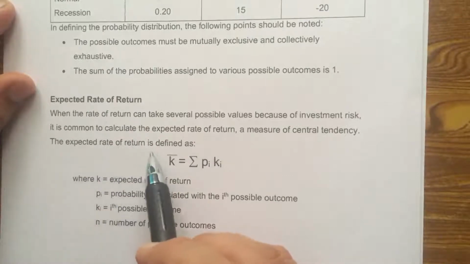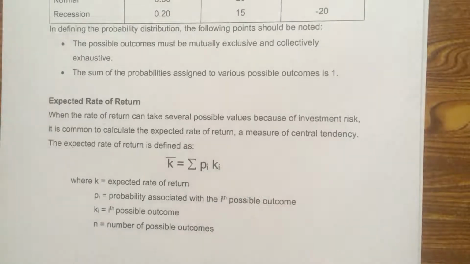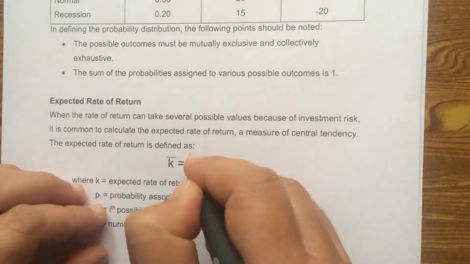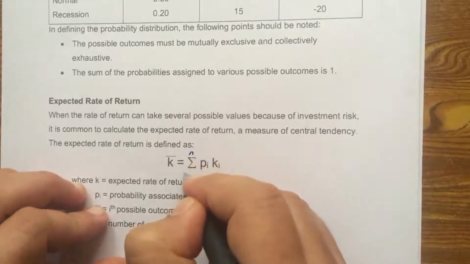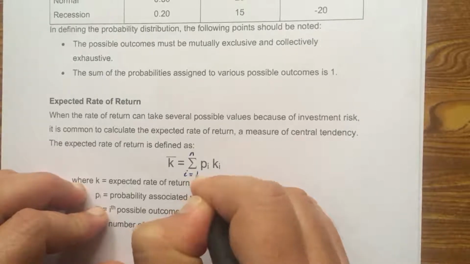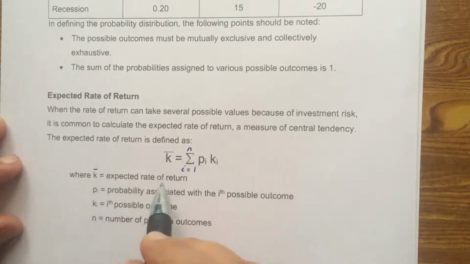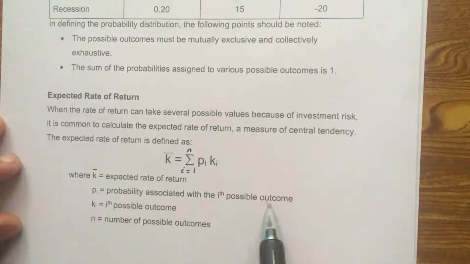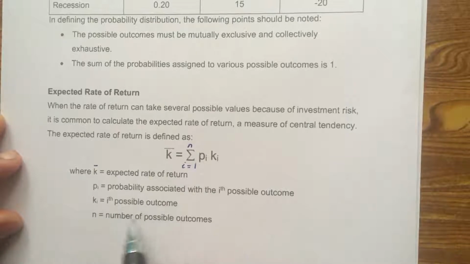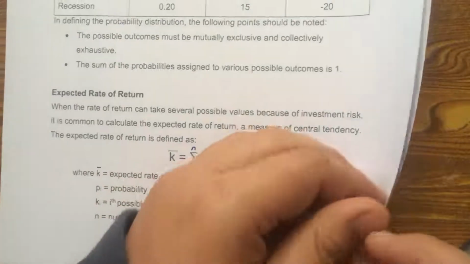So the expected rate of return is defined as K bar is equal to summation P_i K_i, where i goes from 1 to N. K bar is the expected rate of return, P subscript i is probability associated with the ith possible outcome, and K_i is the ith possible outcome, and N is number of possible outcomes.